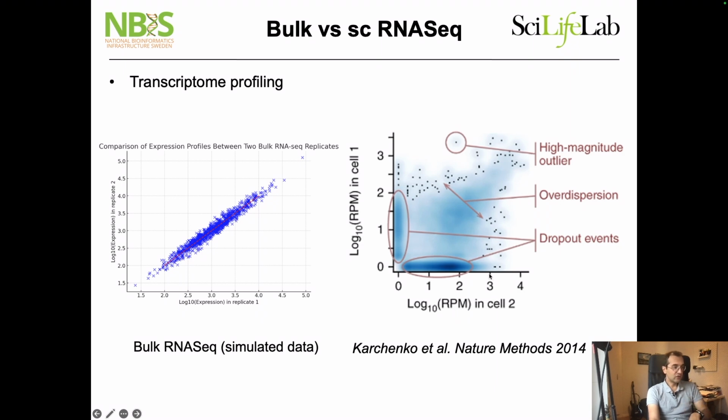You have dropout events. For example, in this case, you have genes expressed in one cell but not expressed in another cell. You have overdispersion. The expression is showing a high variation between different cells. And also you could have outliers or genes that have very high expression. So for this reason, we have to have a thorough evaluation or a correction and normalization, which we will talk about a bit further in coming slides.